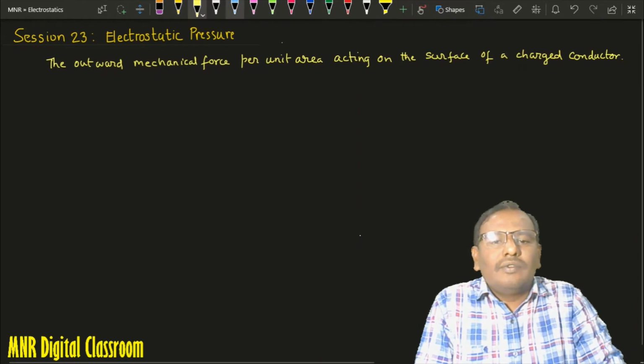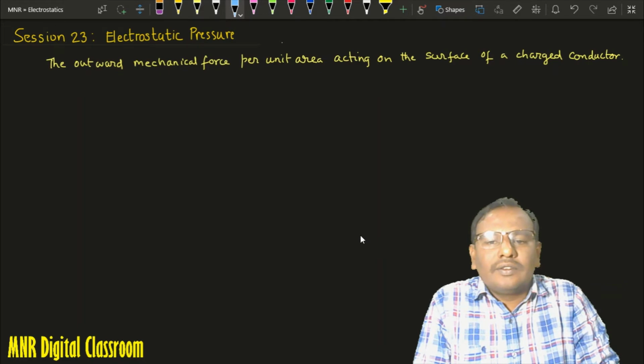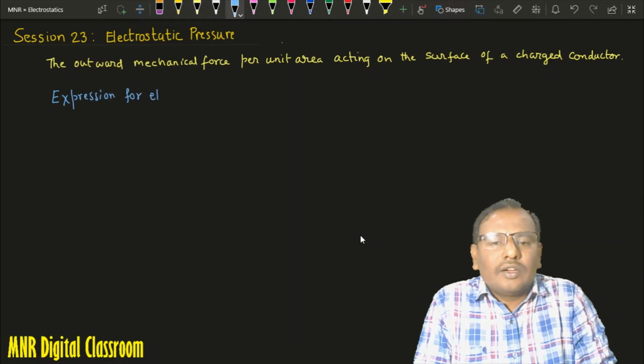Now, with this definition of electrostatic pressure, let us derive an expression for it. Expression for electrostatic pressure.